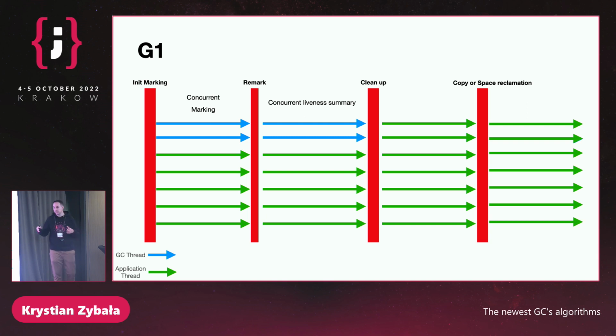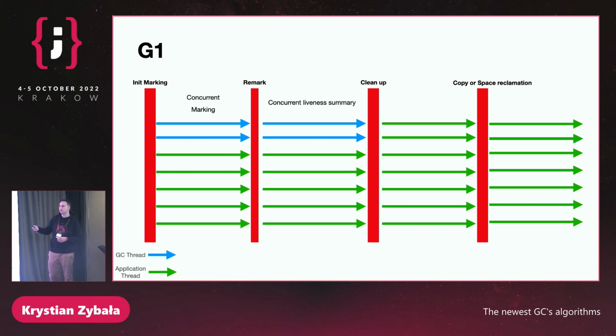After that, the application works, and G1 still works. It means that after initial marking, G1 starts processing references from young to old, and what is important is that in this phase, G1 can skip processing and move the next steps to another GC cycle.